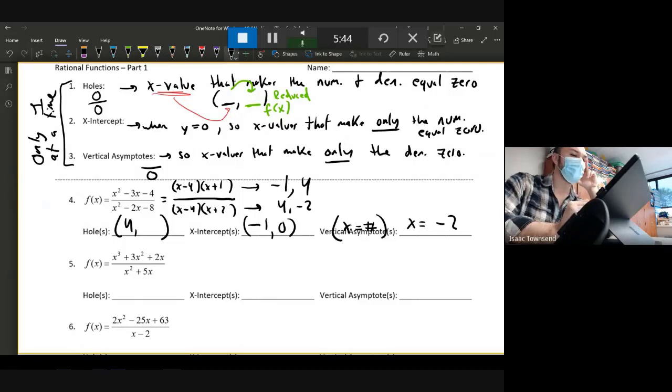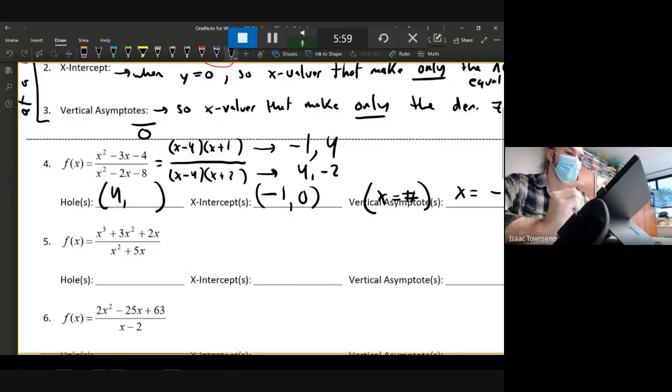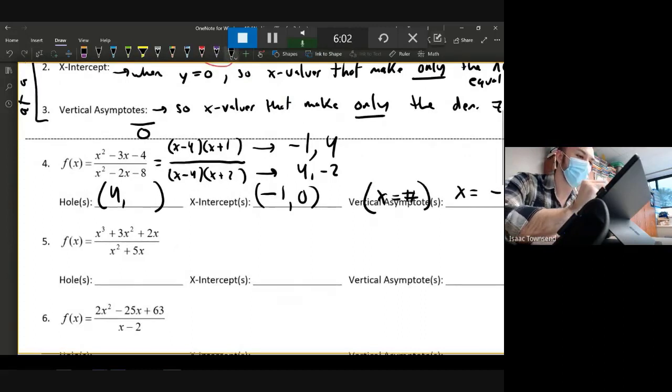Okay, so the y value of the hole, I had you write in the notes here. The x value is the number that makes the numerator and denominator 0. So 4 and 4 for this question. The y value comes from plugging the x value into the reduced function. And so what I mean by that is, now that we have this factored, imagine these factors canceling out. X minus 4 cancels out with an x minus 4.